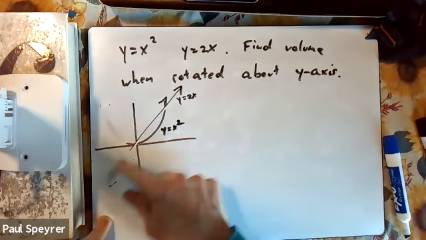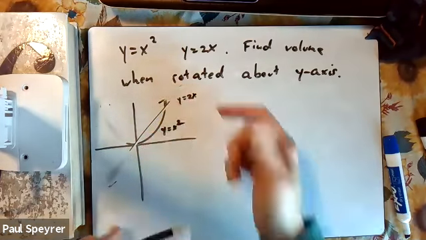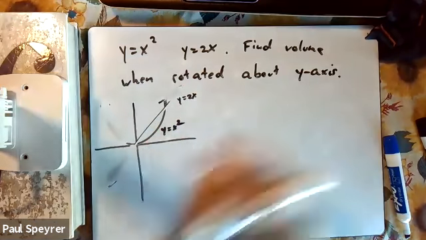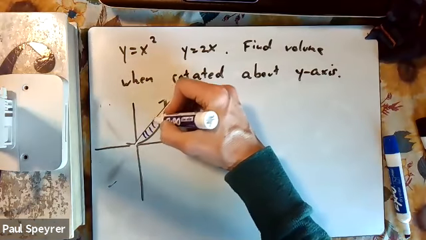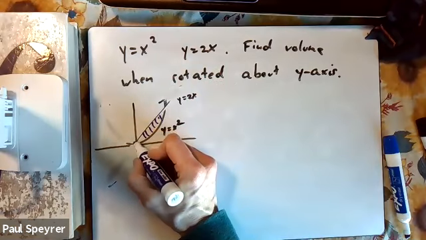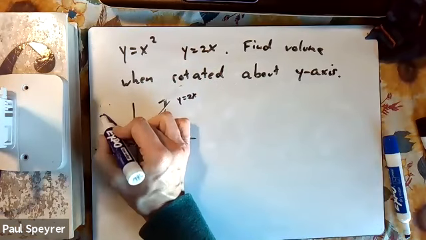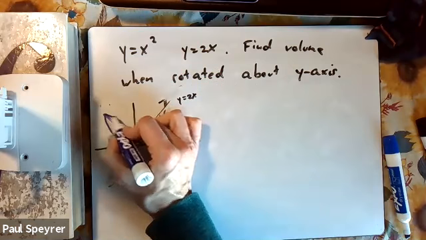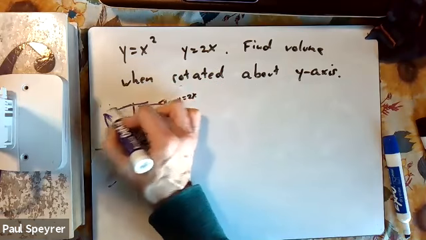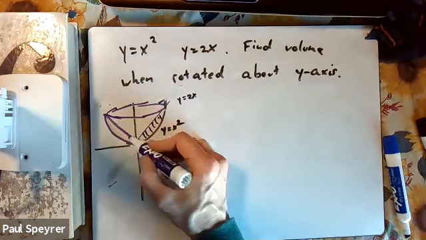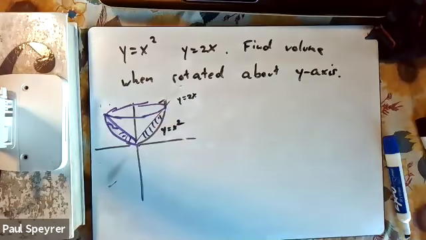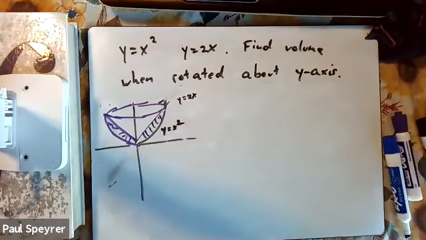We just want it where it's enclosed. So we want this purple stuff, but rotated about the y-axis. So you want this. Everything always looks like a bowl. But this has empty space in between.